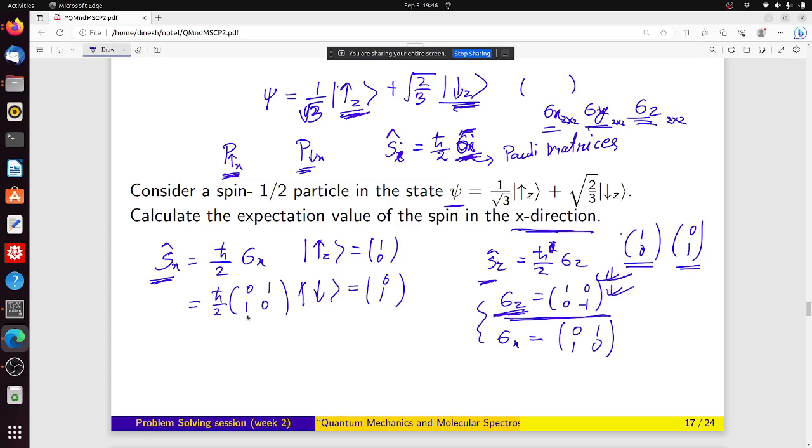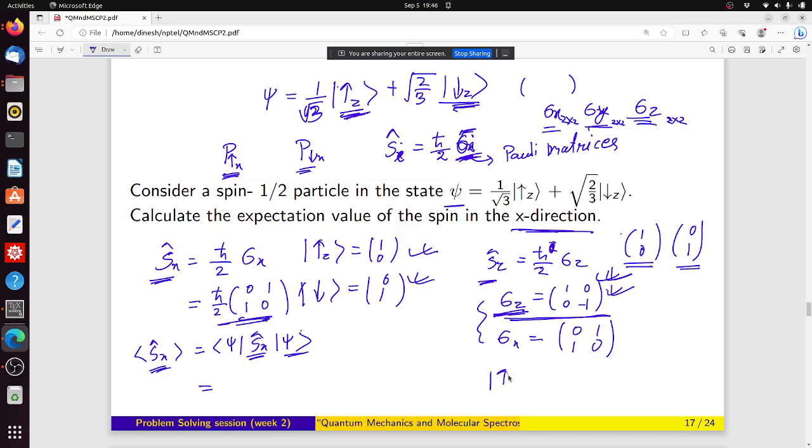Now I have to measure its expectation value in x direction, right? So what I have to do is operate this Sx onto this wave function psi, right? Psi we already wrote in matrix form, and Sx we already have in matrix form. Then we just have to do the matrix multiplication. So let me ask you this.